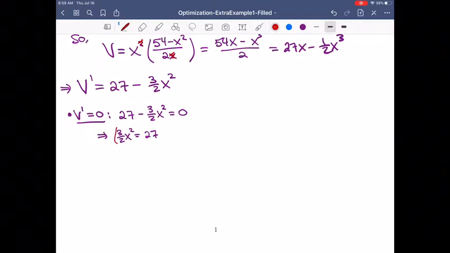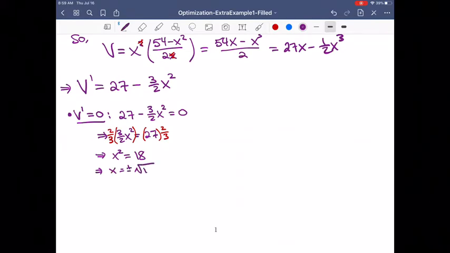So I'm going to multiply both sides by 2 over 3 to get rid of the 3 over 2. So then I have x squared is equal to 18, which means that x is equal to plus or minus the square root of 18. So it seems like we get two critical numbers, x equals negative and positive root 18. 18 is 9 times 2, so this is going to be plus or minus 3 root 2 if we want to simplify.